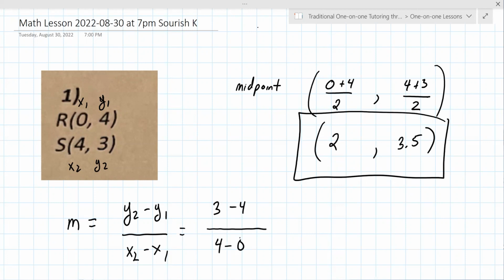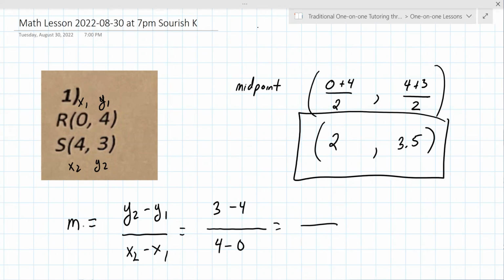So 3 plus negative 4, 4 plus 0. What's 3 plus negative 4? 3 minus 4. Okay, so it's addition, but it's going to be replacing the subtraction.